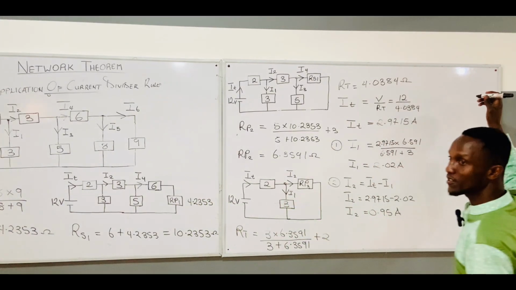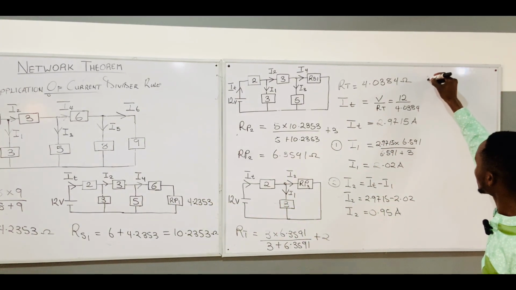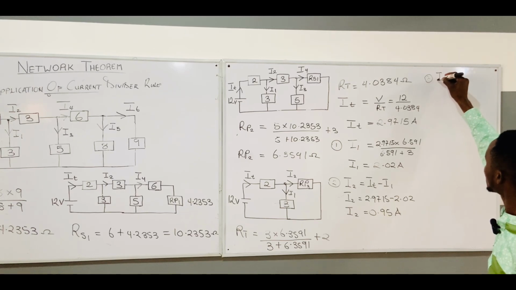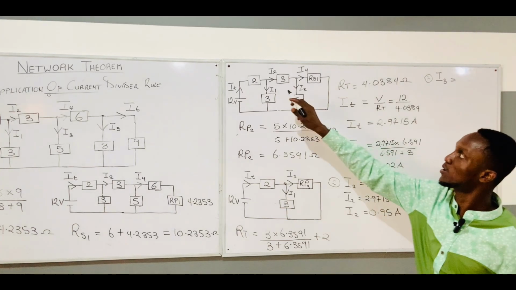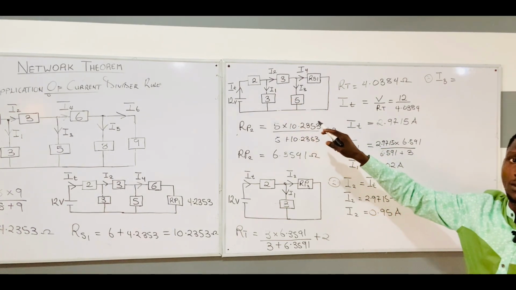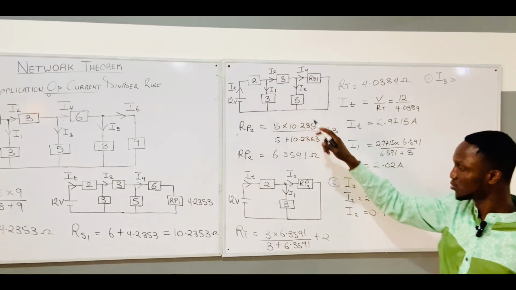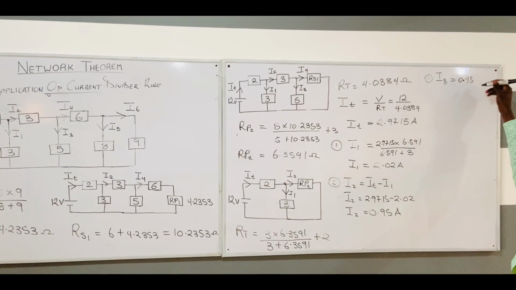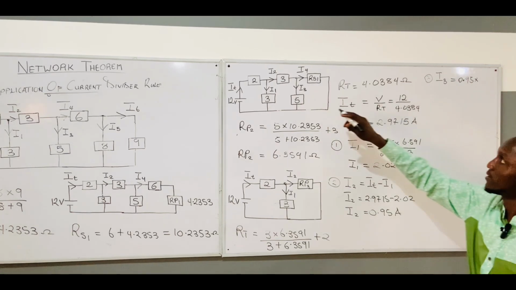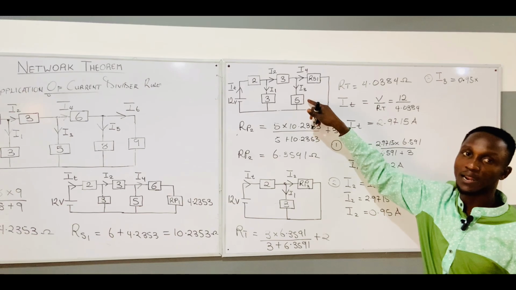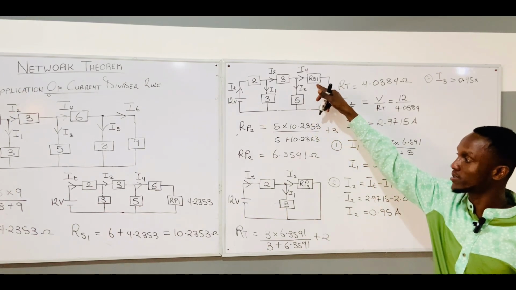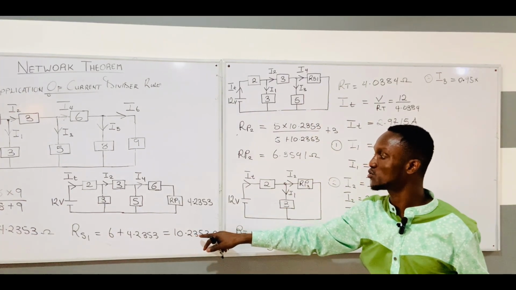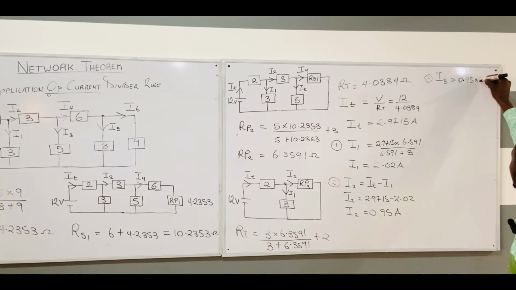So from current divider rule, our third solution becomes I3, the one we are looking for, and the source current is I2. What is the value of I2? We have 0.95. Multiply this result by the opposite resistor, not the one I3 is passing through, which is RS1. We got 10.2353.